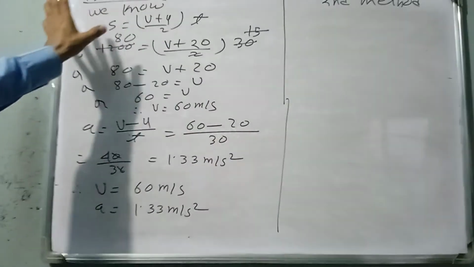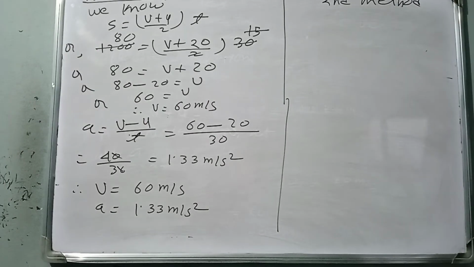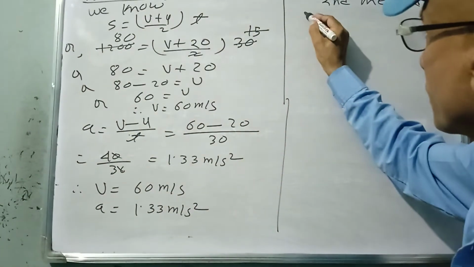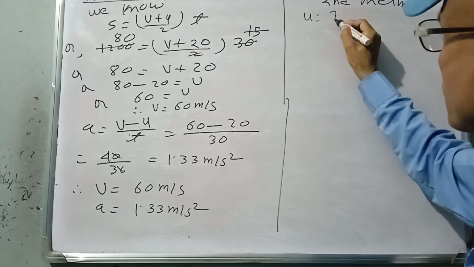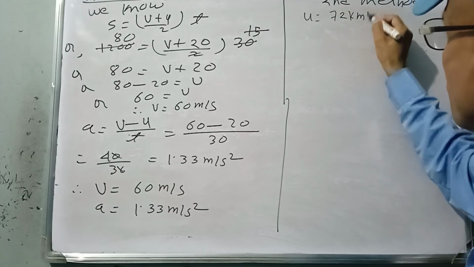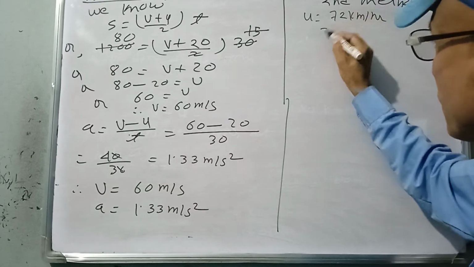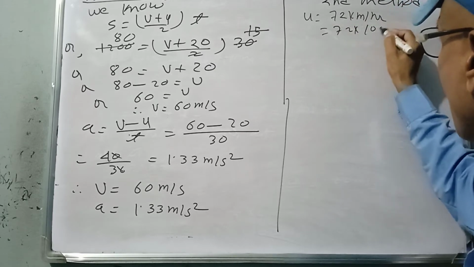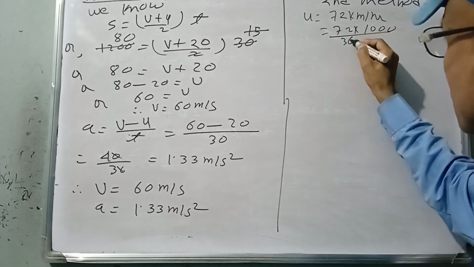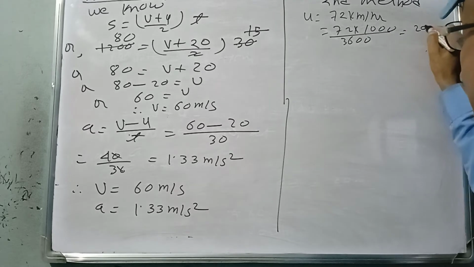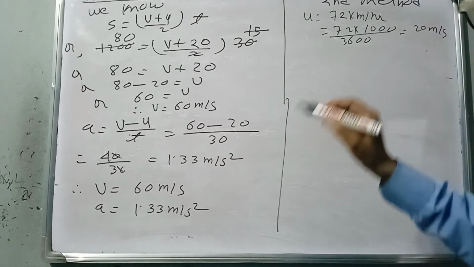अब यही हिसाब अर्को तरिकाले पनि गर्न सकिन्छ. What is given? Second method is u equal 72 kilometer per hour. This is given. 72 into 1000 by 3600, 20 meter per second. Simplify it.